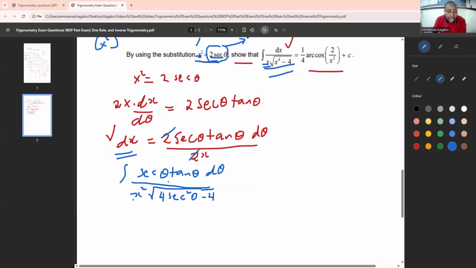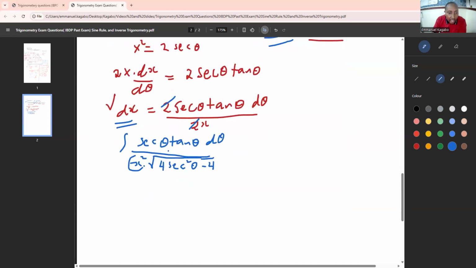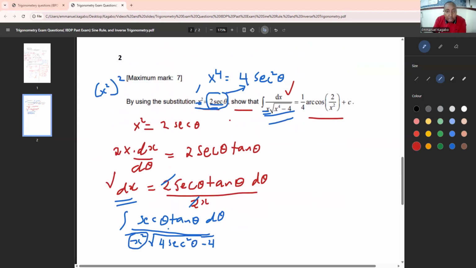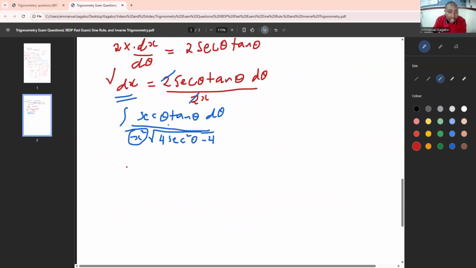I still have this one. I have to get rid of x squared so that I can integrate. But if you remember, x squared is 2 sec theta. So here, I'm going to have integration of sec theta tan theta.